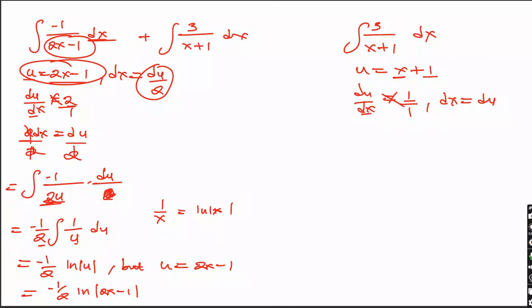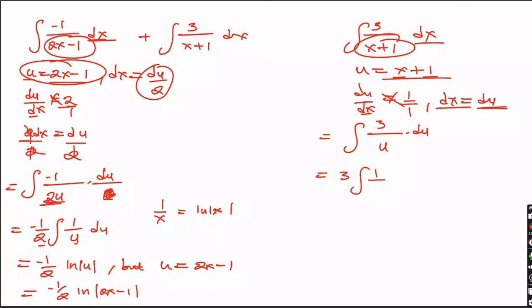So with that now we can replace 3 over, while there is x plus 1 we put just u, then while there is dx we put du, because dx is equal to du. Same applies to what we did. We don't need this 3, so you can take it out.